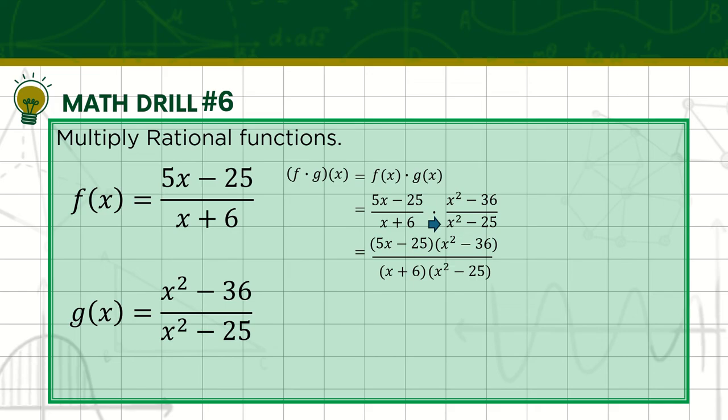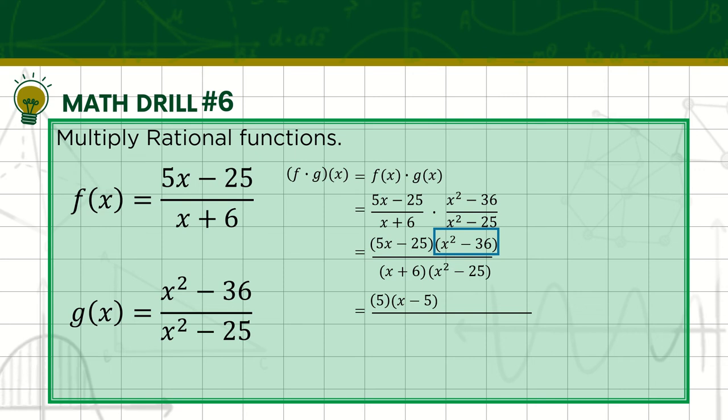To simplify, we just need to factor out all those things that we can factor from the parentheses. Let us have first the 5x minus 25. This is equivalent to the factors 5 times x minus 5. Next, we have the x squared minus 36.